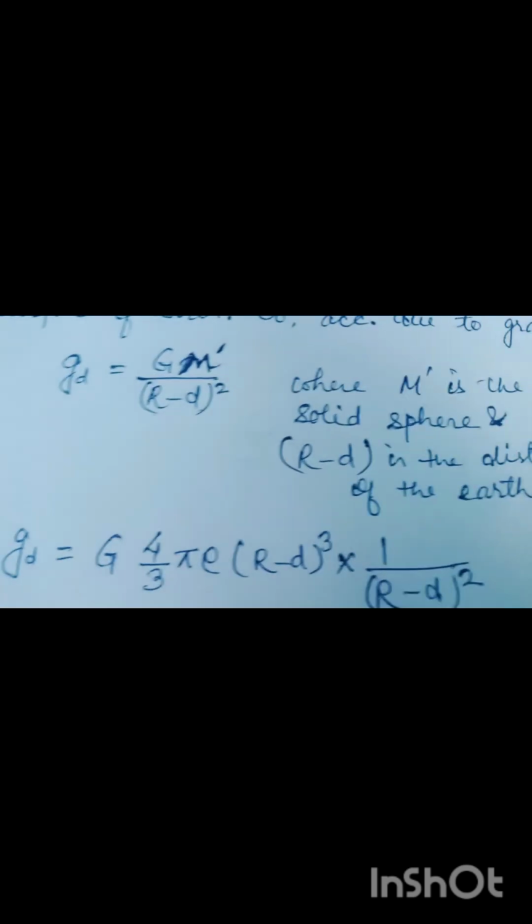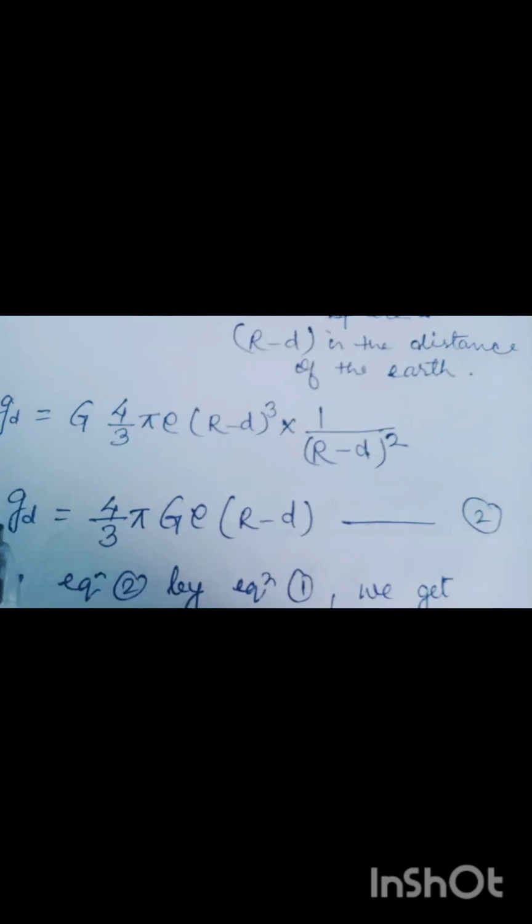Inner solid sphere means this one, this is the inner sphere. The mass of this inner sphere we have assumed as m prime. So m prime can be written, again, in this form: 4 by 3 pi rho (r minus d) cube. Here the value of r is (r minus d) cube. So the acceleration due to gravity at depth d is expressed in this form.